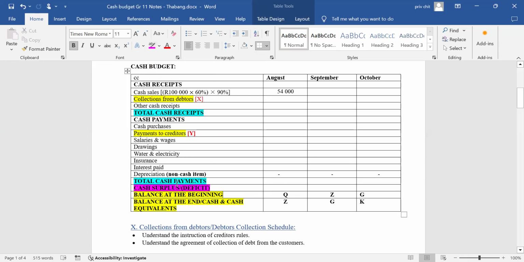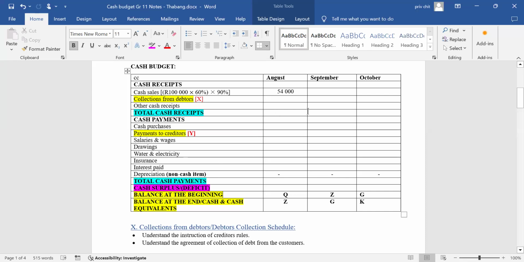You need to understand what a cash surplus is. A cash surplus basically means that you have more receipts than cash payments. You received more money than you have spent, so what is left afterwards is what we call a cash surplus. That is if your total cash receipts is greater than your total cash payments.